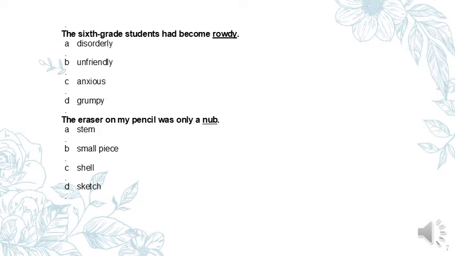Disorderly, unfriendly, anxious, or grumpy? Disorderly, sorry, is the correct word. The eraser on my pencil was only a nub. So now here we have nub with the other meaning, which means small piece.